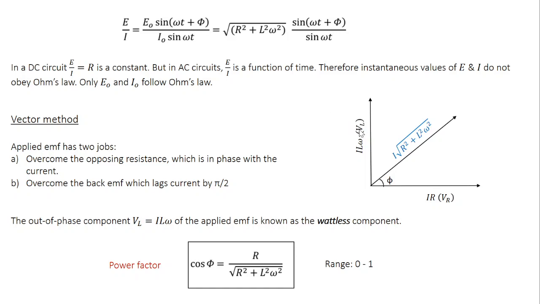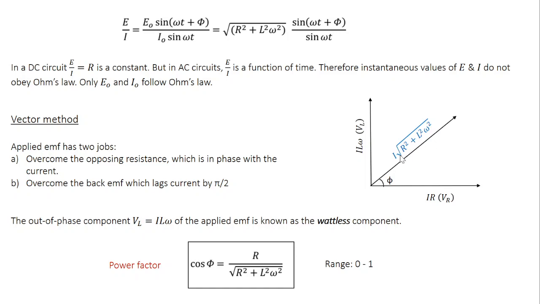Then in the case of an inductor, we know that voltage leads the current by pi by 2. Which is represented by this counterclockwise angle of pi by 2 with respect to the in phase component. Since VL is out of phase by pi by 2 with respect to current, I call this the out of phase component. So I have two components, the in phase component and the out of phase component. And the net voltage is the vector sum of these two components, which is represented by this arrow here.